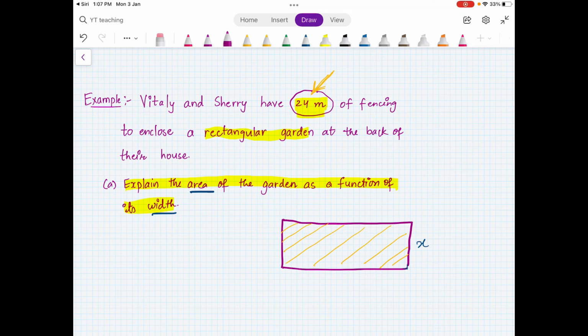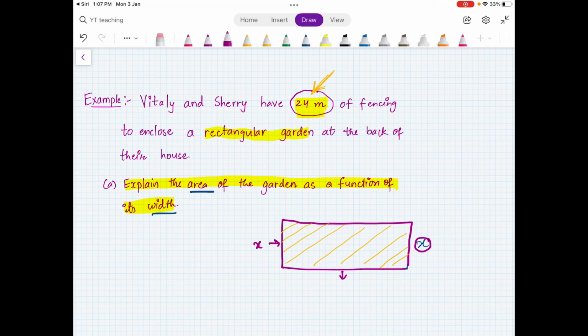Now if this is x and this is a rectangle, this is also x. How much is this? Can you tell me? What will be your length? You have 24 meters of total fencing, and x and x are your widths.